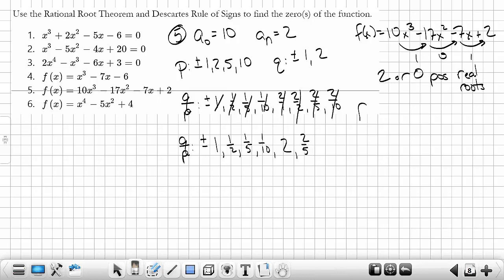F of negative x is going to be negative 10x cubed minus 17x squared plus 7x plus 2. No change, change, no change. So 1 negative. That's the one we'll focus on first. 1 negative real root.